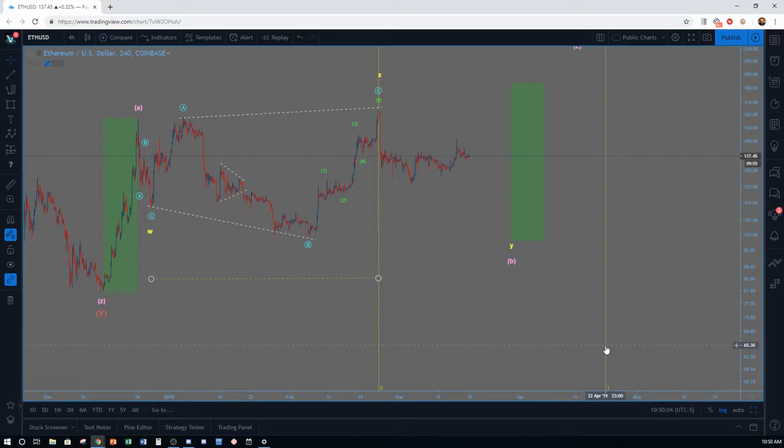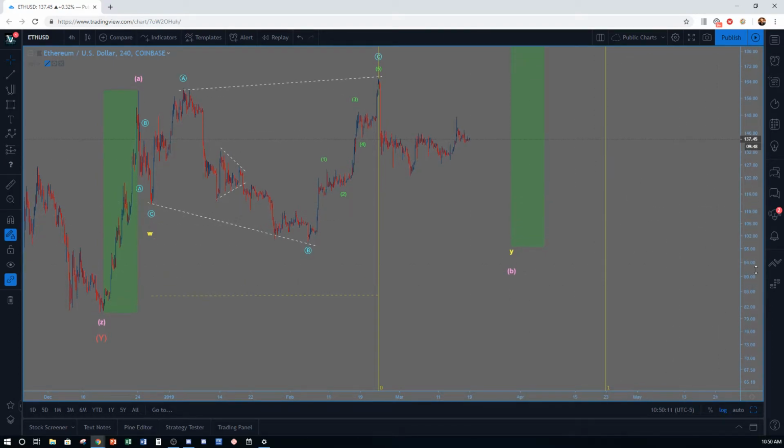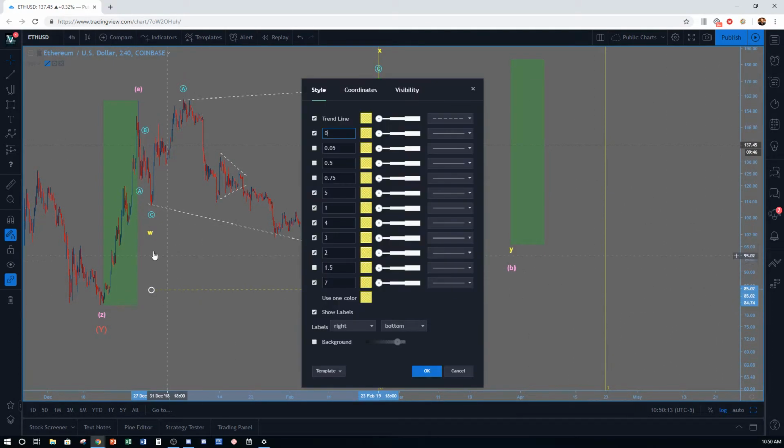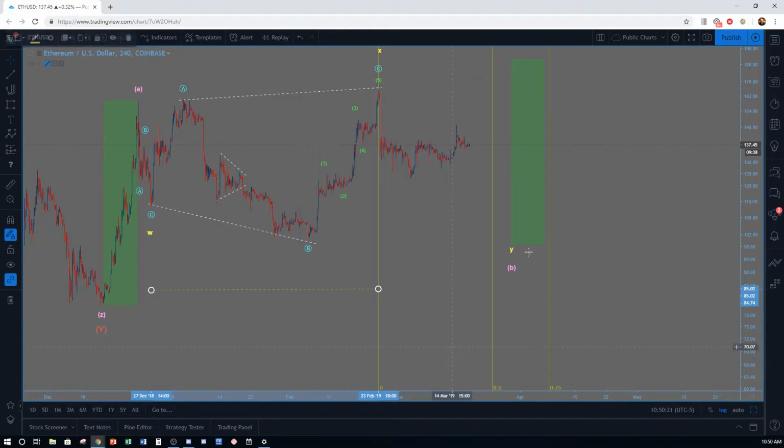We'd be looking at April 22nd, so more than a month from now. I think it's pretty doubtful that we take quite that long, but even if we get to the 0.5 or the 0.75 of this move, that would be pretty relevant. So we could bottom somewhere in this time period.